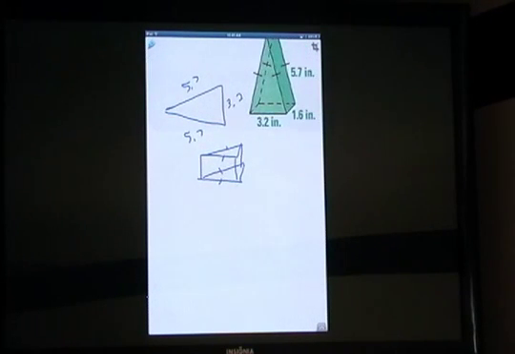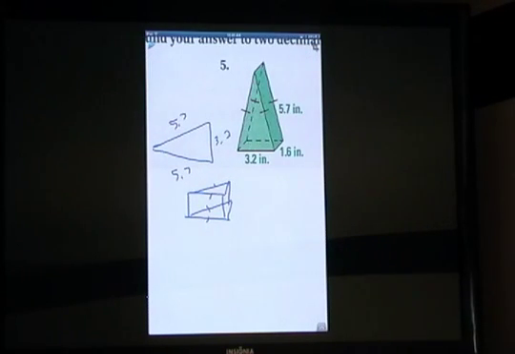The area of the base is a triangle, and to find the area of that base, we're going to have to put a right triangle in there. So that would make this 3.2 divided in half, 1.6.